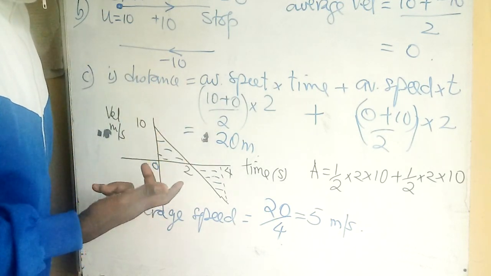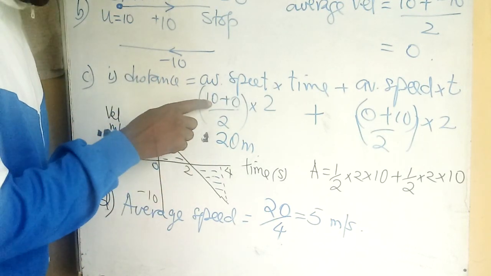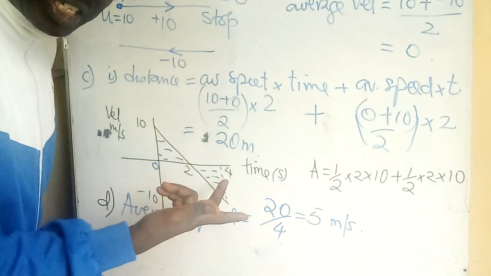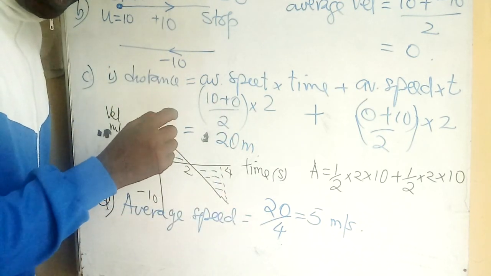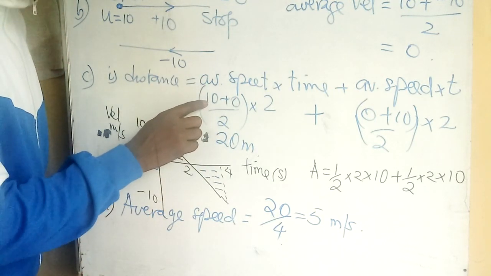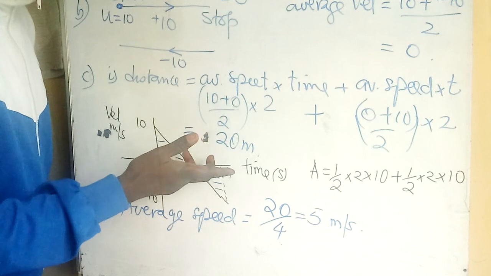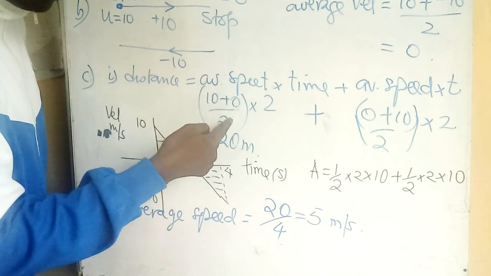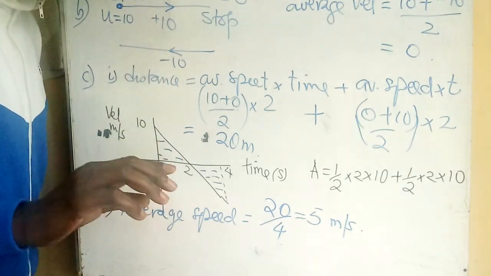Look at it from another angle. It would be 10 plus 10 divided by 2, which still remains 10. Do you understand now? If he said uniform speed, I would not use 10 plus something over 2. It would be a waste of time, but you can do it. So this is very important. It makes the difference.